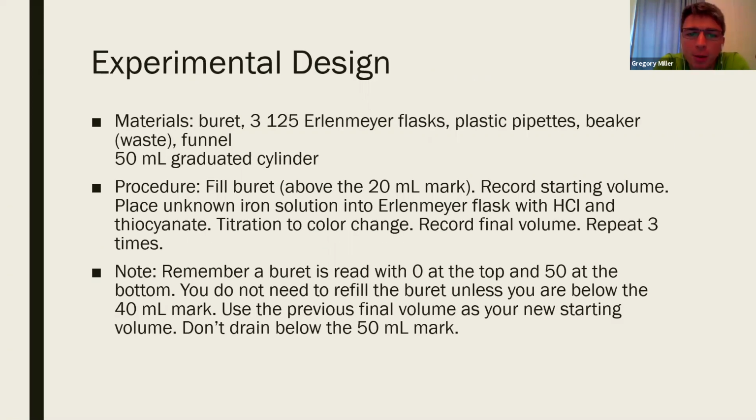So what you'll be doing, or what you'll watch me do, is filling up your Buret, and we'll do 3 trials. Make sure it gets filled up mostly full. Again, the Buret is read backwards, so 0 is up at the top, 50 is down at the bottom, so fill it up pretty much, and then you'll most of the time be able to do all 3 trials with 1 Buret.